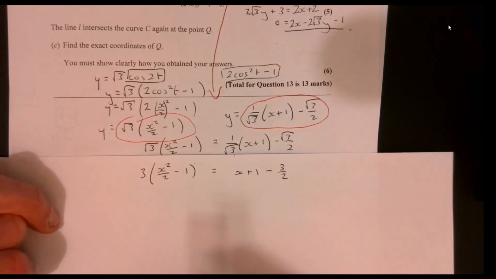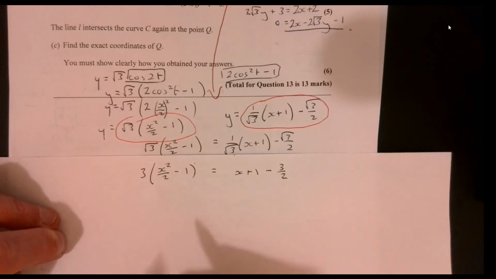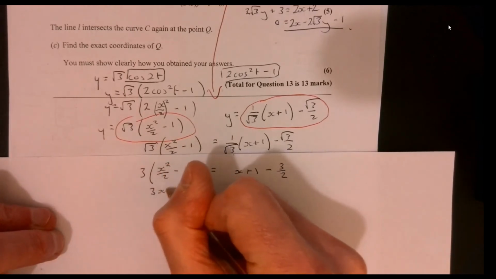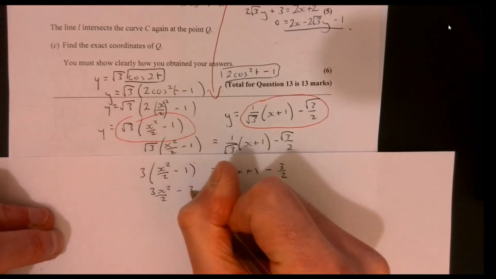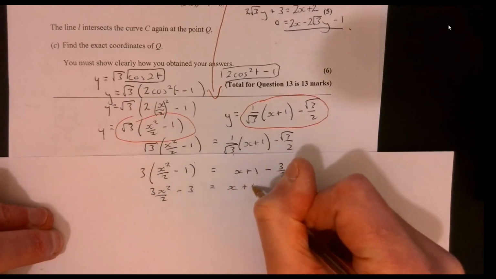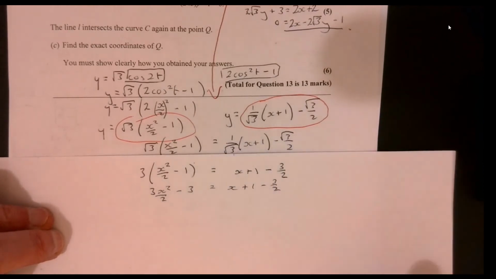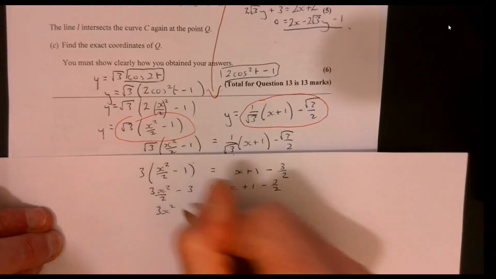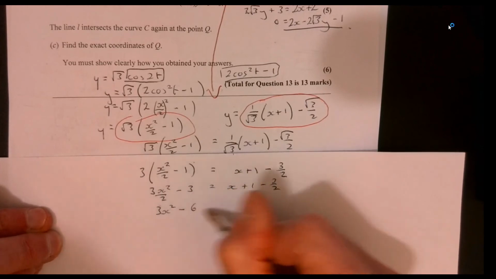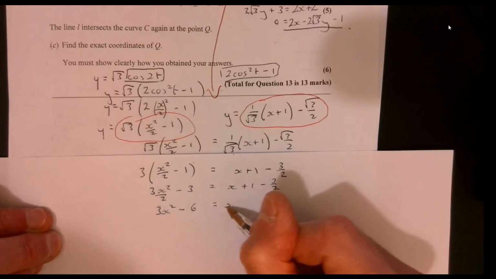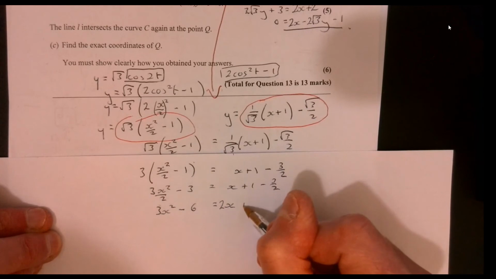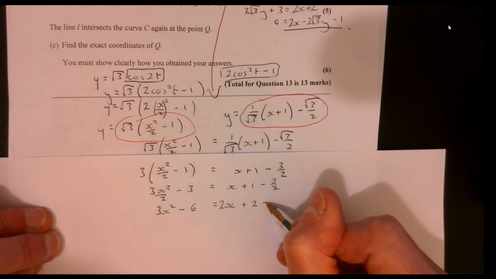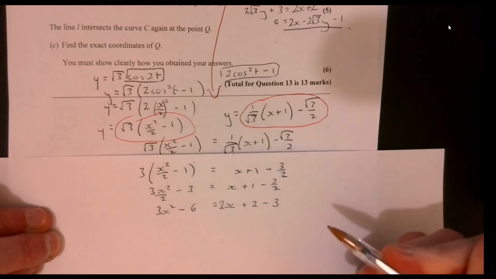Let's multiply everything out now. Let's just do this side here. What do we get? We get 3x squared over 2. Take away 3. And then x plus 1 minus 3 over 2. I don't like the 2's underneath. So let's multiply everything by 2. So we get 3x squared, get minus 6, and then we get 2x plus 2, take away 3.